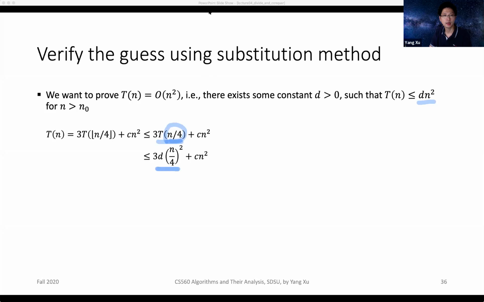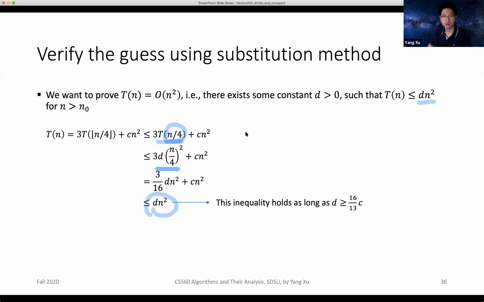Okay, and we want the whole thing to be bounded by d times n squared. Okay, so in order to make this inequality hold, we must have d greater than 16 over 13 times c, right? That's the d we want to find.